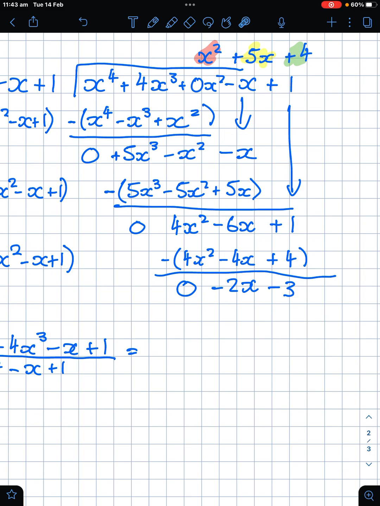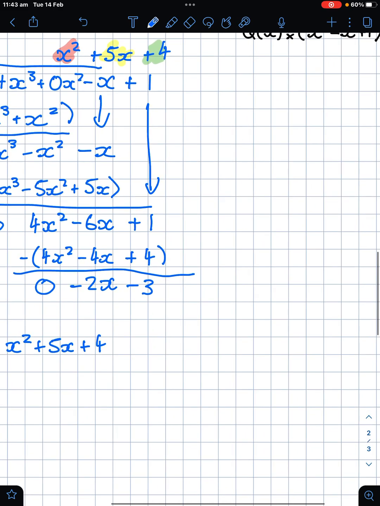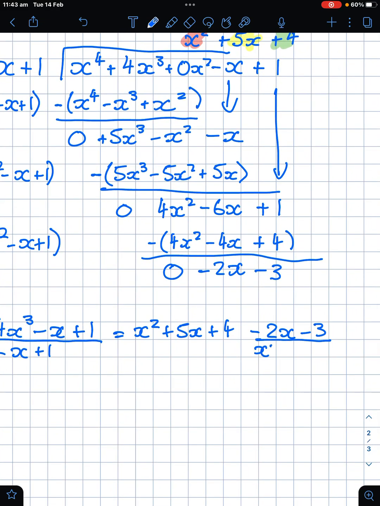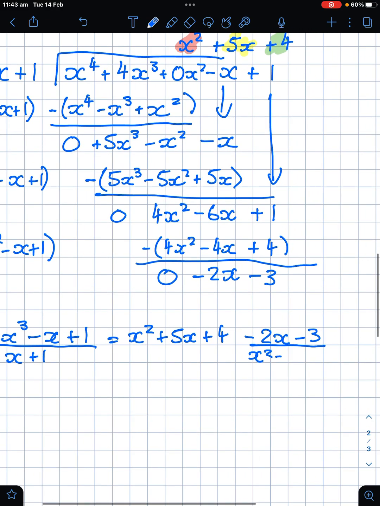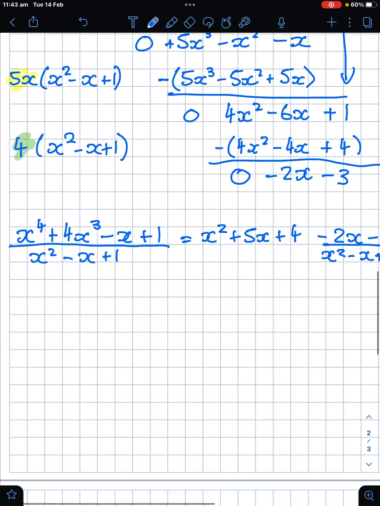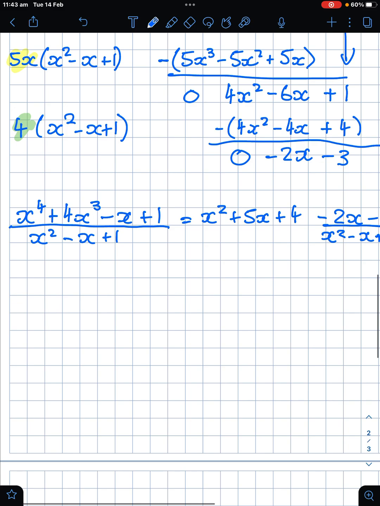This is our quotient. So that's going to give us x squared plus 5x plus 4. And our remainder here is negative 2x negative 3 all over our divisor, which is x squared minus x plus 1. Now, that's pretty much we've done here.